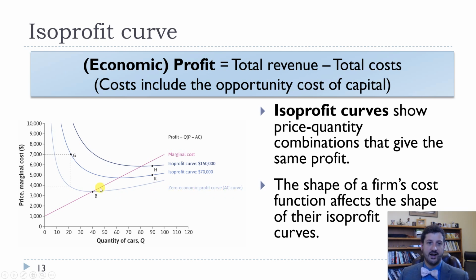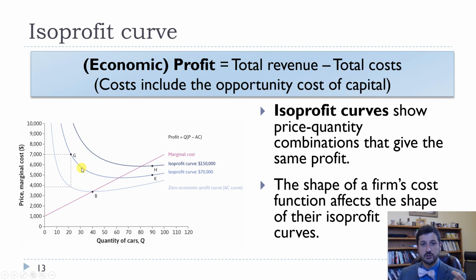That's our average cost curve. Basically says, okay, we don't make any profit. All of these combinations, whether we charge 6,000 or we charge 4,000, are basically going to give us zero profit because our revenue and our costs will just be the same.